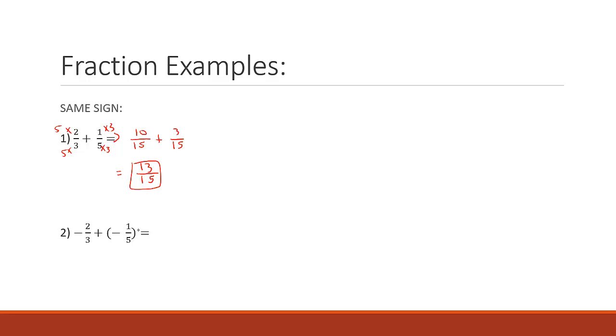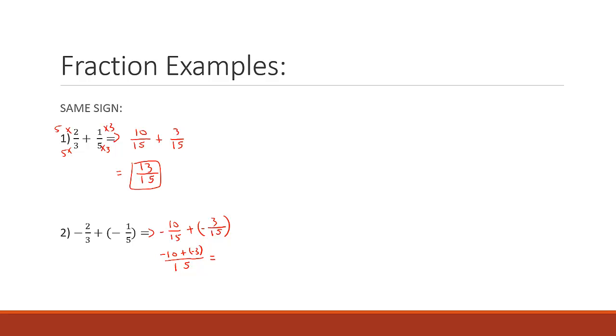So looking at this one, we already know that we would have negative 10/15 plus negative 3/15 from the problem above. Now let's look at this by placing my numerators over one common denominator. So I would have negative 10 plus negative 3 all over 15.